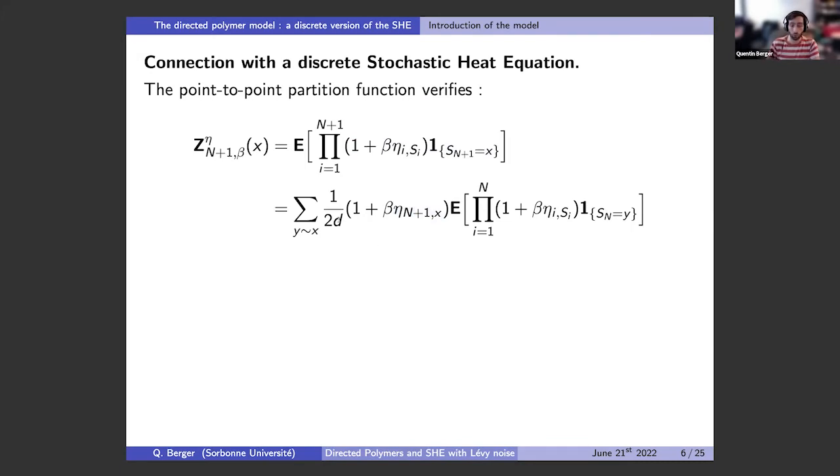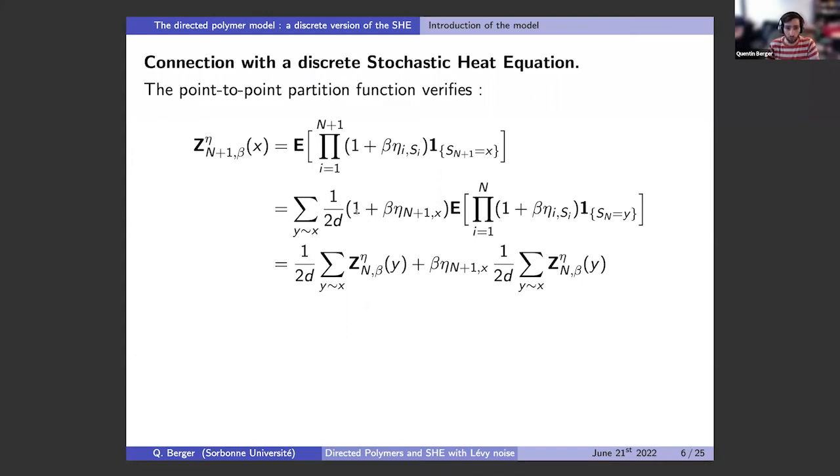I have 1 over 2d because I can come from any of the neighbors of x, and I sum over all the y's that are neighbors of x. Here I sum over possible positions of the random walk at position y at time n. And here you see that I have reconstructed the point-to-point partition function at time n up to point y.